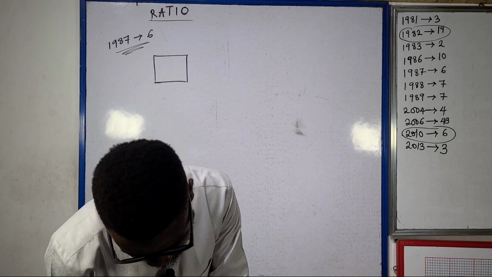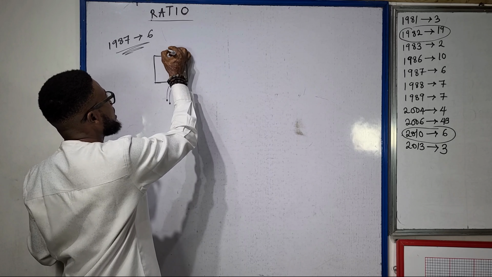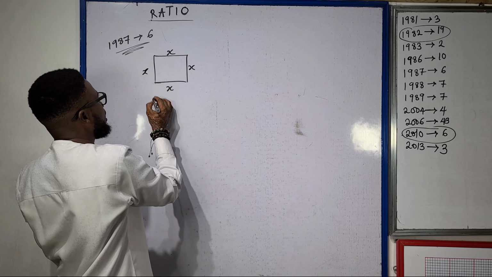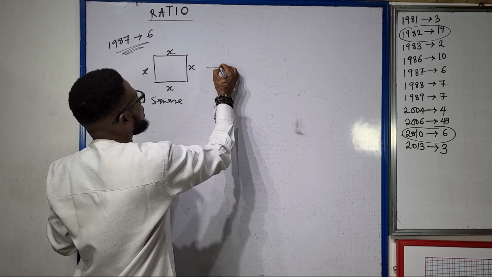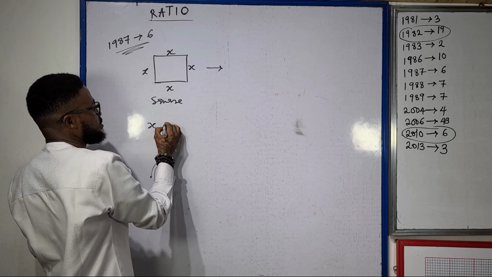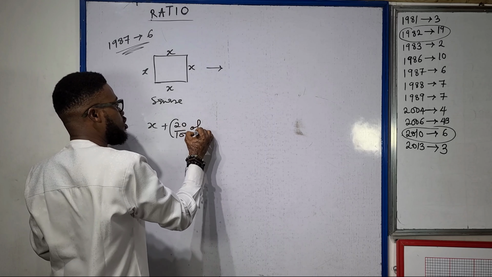And if the length of a square is increased by 20%, let this be x. Of course, all the sides of a square are the same. So if we increase this by 20%, to increase x by 20%, that's going to be x plus 20% of x.